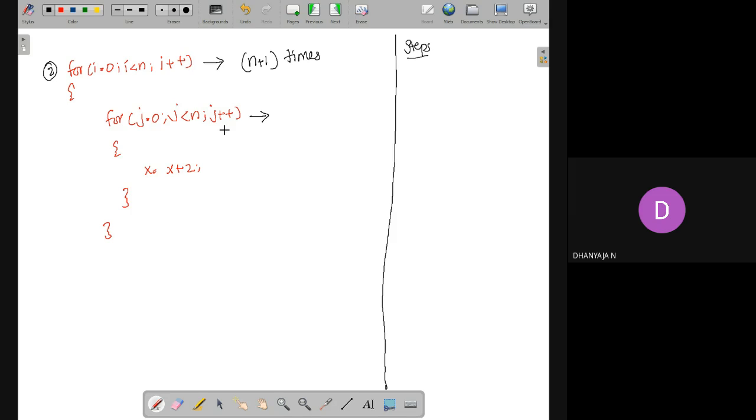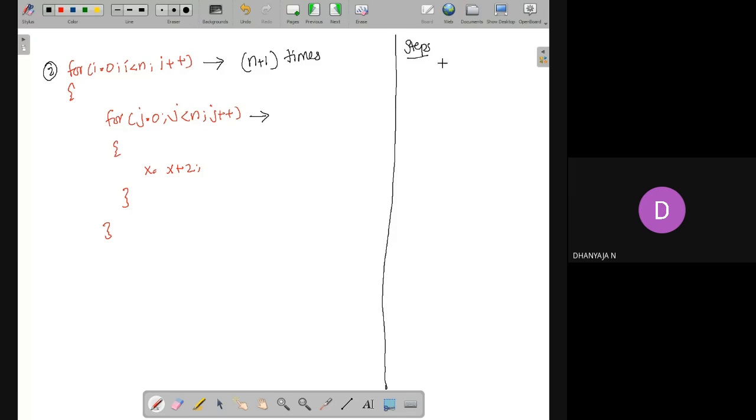How many times will this for loop be executing? All are saying n times. Actually, it is not n times. Now we will see how.